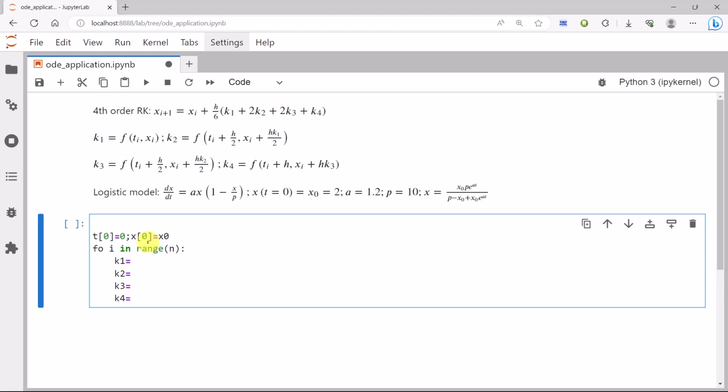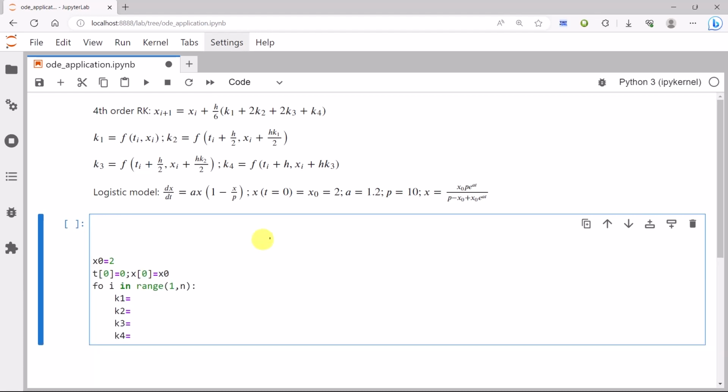So we have to write somewhere that this x naught equals 2. Since this is the initial condition, in this array the 0 is taken, we have to start from 1. We will go from 1 to n minus 1, and all these, t and x, are arrays.